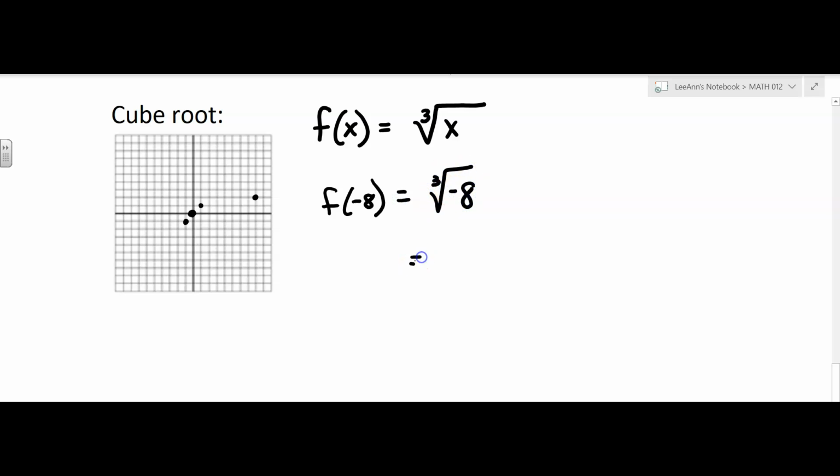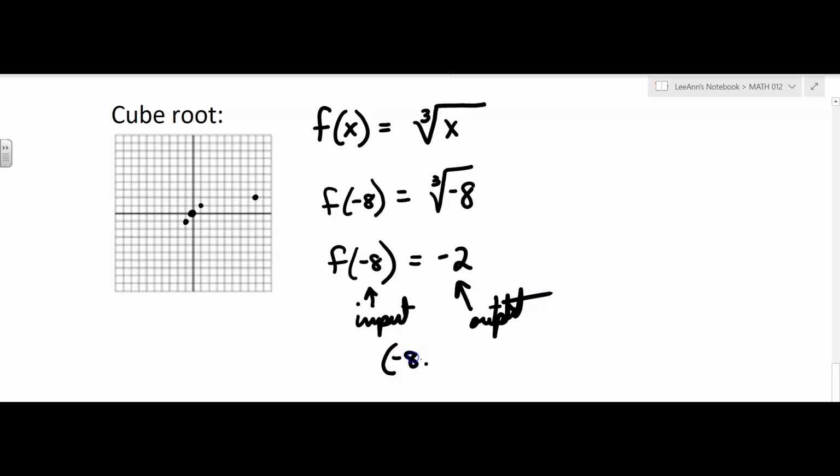You can take the cubed root of a negative number, you'd get negative 2. So you'd have an input of negative 8 and an output, and that's the ordered pair negative 8, negative 2. So you go to negative 8, negative 2, and you get that point there.